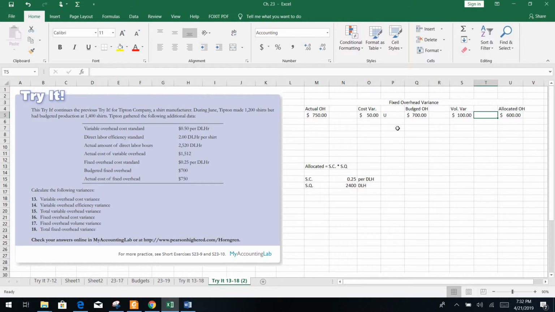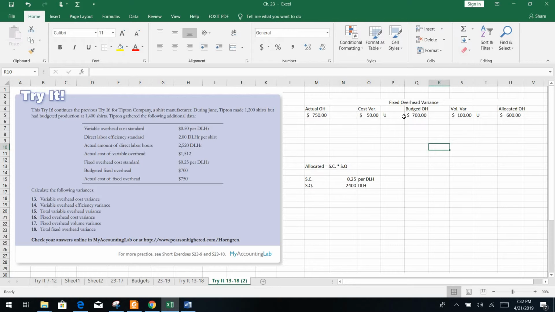So it must be unfavorable, because both of those added together have to equal the difference between the two of these. Now the tricky thing that he did on the third exam was one of these was favorable and one of them was unfavorable, so they kind of canceled each other out, and that's why you had to first determine one and then by process of elimination cancel the other one out. But if they're both the same, it makes it easy.